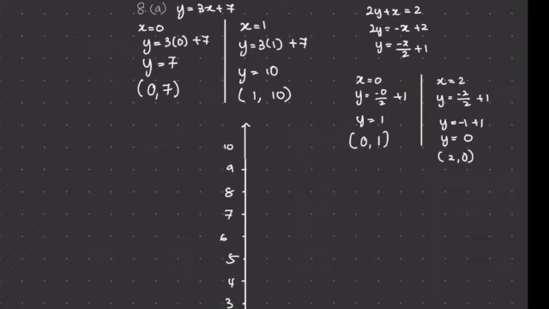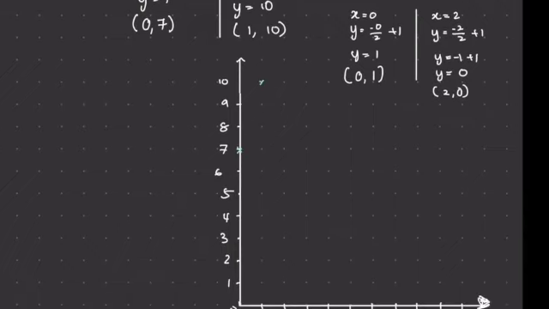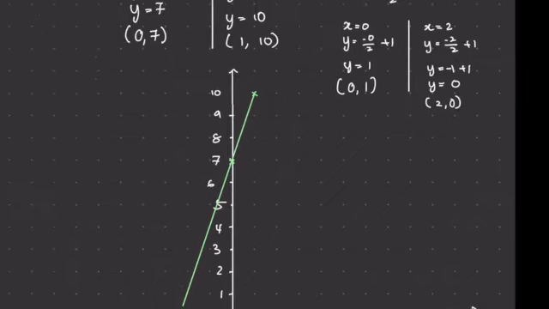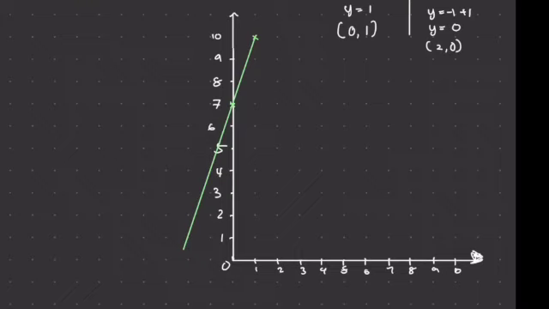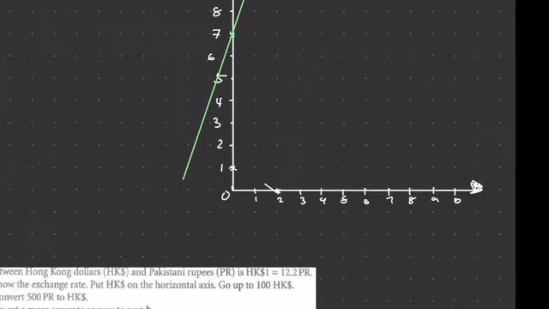Let's draw this graph. Let's just label this as a green graph, okay? This is my green graph. 0, 7, 1, 10. Okay, so this is my line. And then the other one is 0, 1, 2, 0. Okay, it seems to me that they are meeting on the other side of the graph.